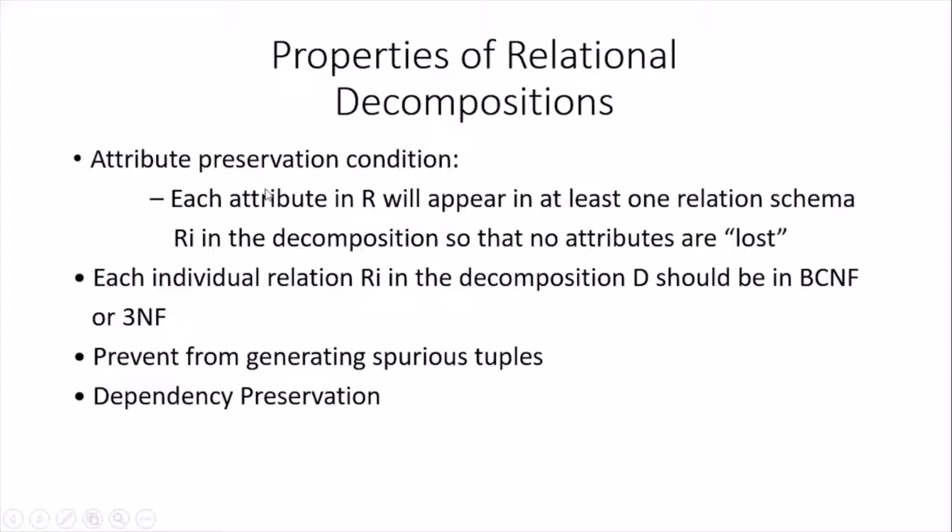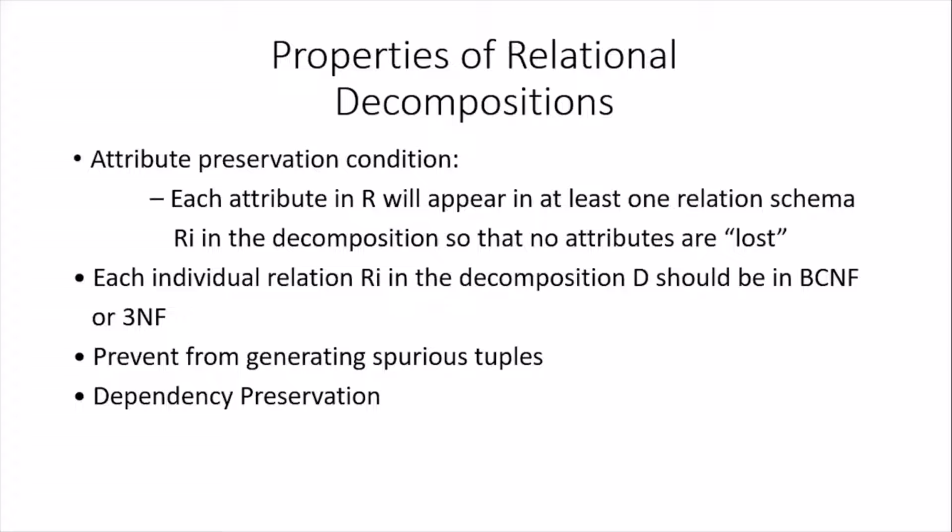That is, we consider a relation schema where there are n attributes A1 to An. Even though you perform decomposition, all of these n attributes should appear in some of the relations. After decomposition, you will get some m relation schemas. You have n attributes, and all of these n attributes should appear in some of the relation schemas.